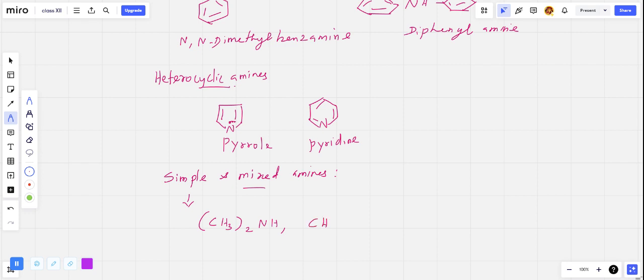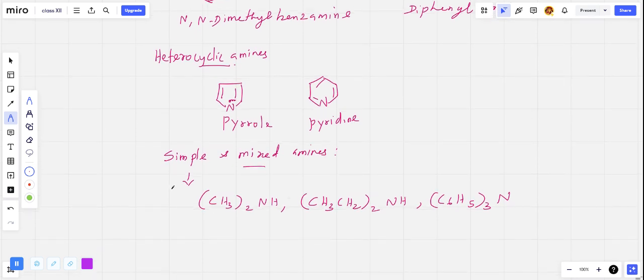The two alkyl groups are the same. Even C6H5, all three aryl groups the same, so these are all simple amines.